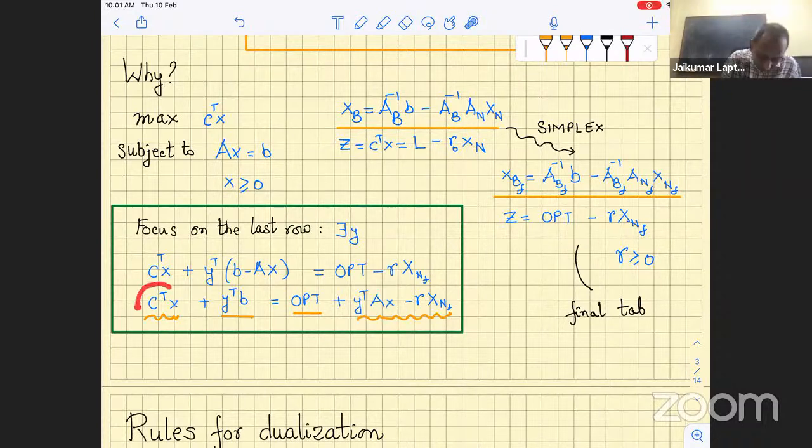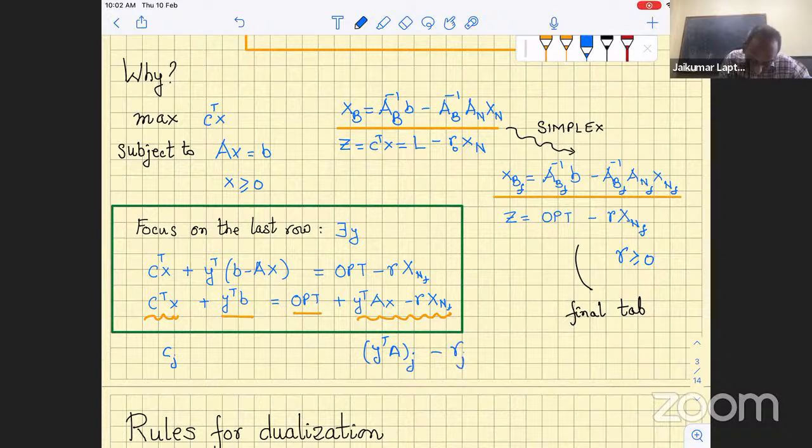For the basic variables, the coefficient of any basic variable on the left-hand side, which is Cj, some component of C, is the same as what Y transpose A gives. And for the non-basic variables, the coefficient on the left is Cj, and the coefficient on the right is Y transpose A's jth component minus Rj, where R is a positive quantity.